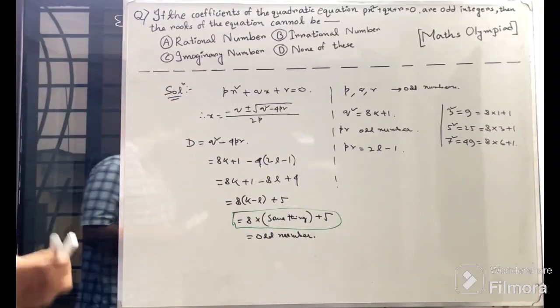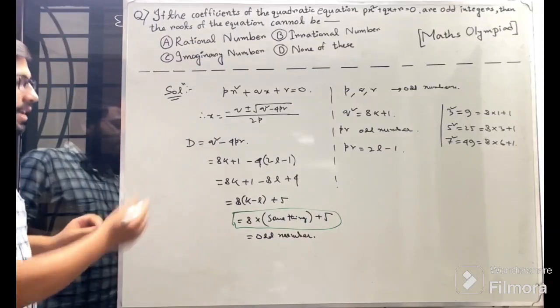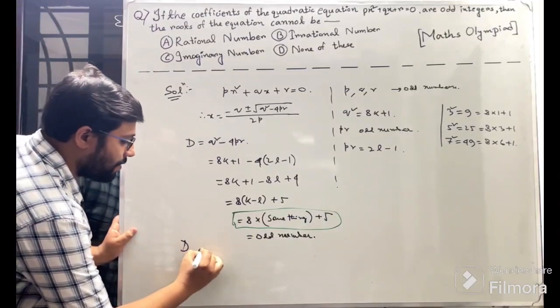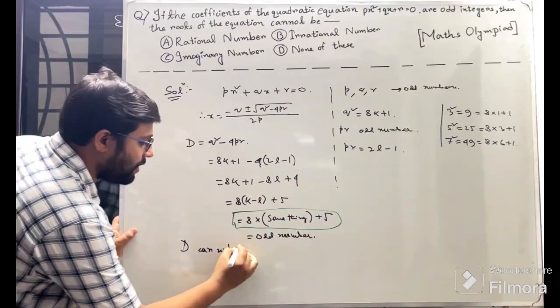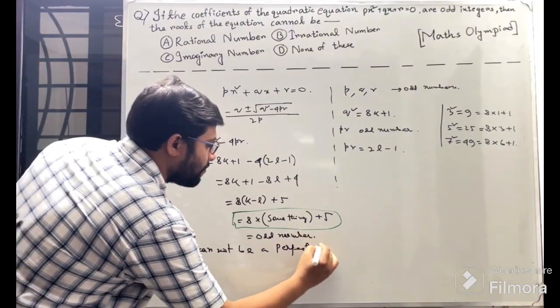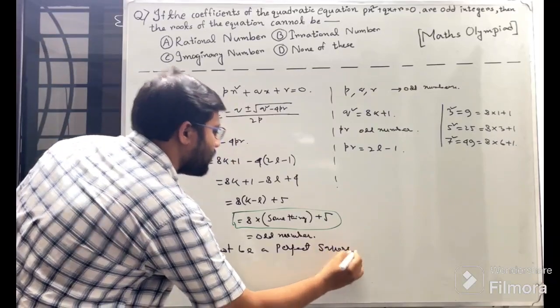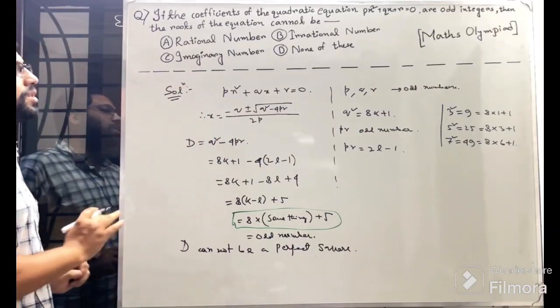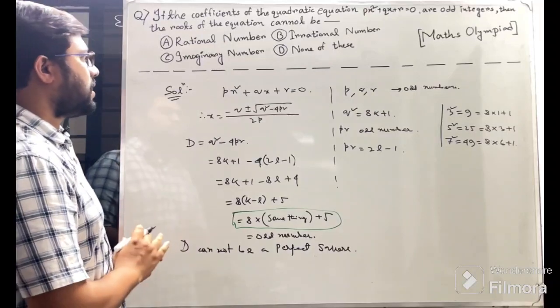So this is a contradiction. So D cannot be a perfect square. So the roots cannot be rational.